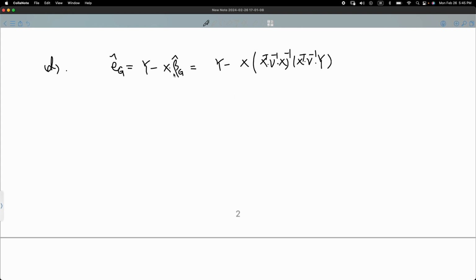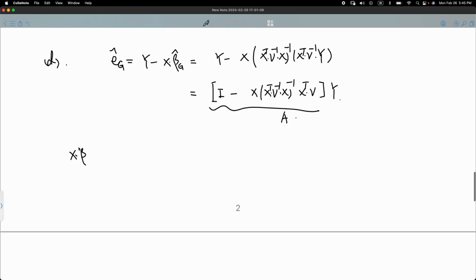So here I'm just plugging in the beta G. And then you can write it as identity minus x and then x transpose V inverse x transpose V inverse, all together multiplied by y. Define that as A.